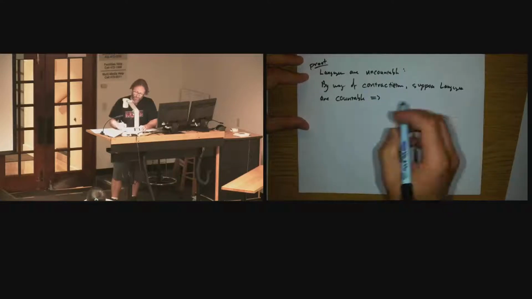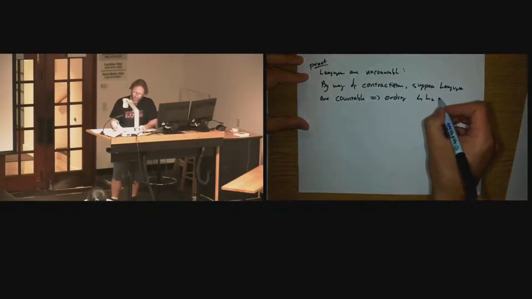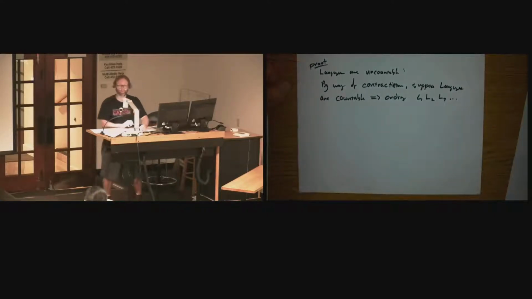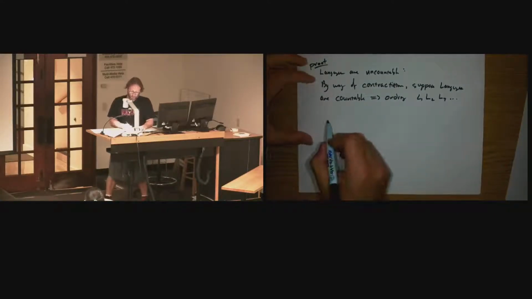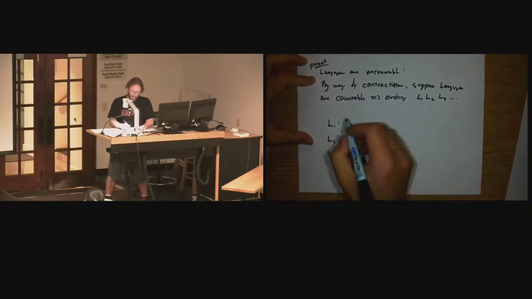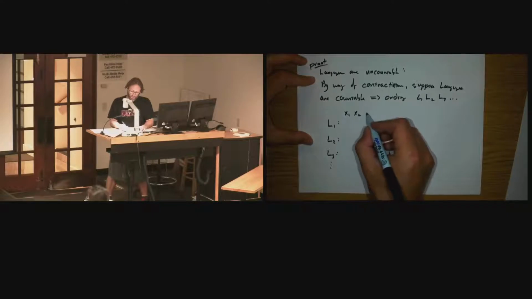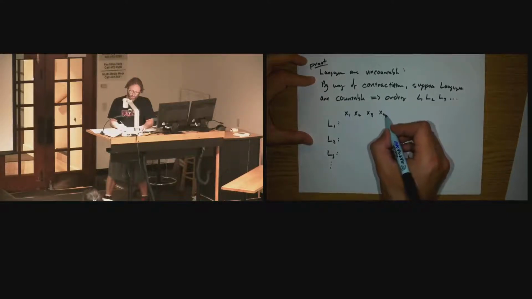This implies that there is an ordering, say L1, L2, L3, dot, dot, dot. Okay? Now I'm going to draw them like this, L1, L2, L3, dot, dot, dot. And what I'm going to do is draw all strings, x1, x2, x3, x4, dot, dot, dot.